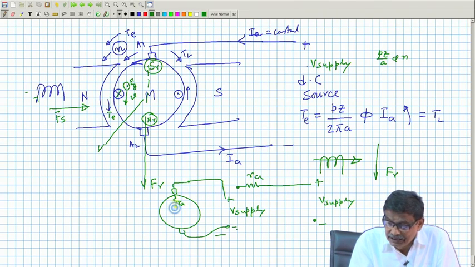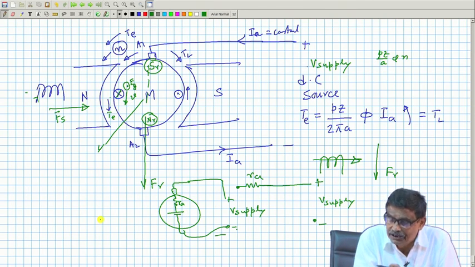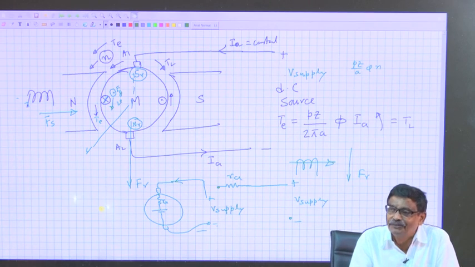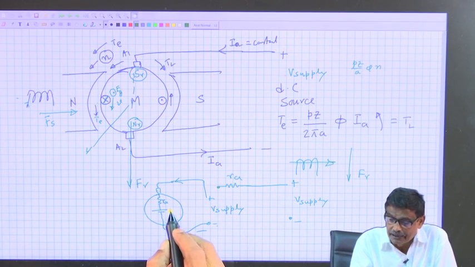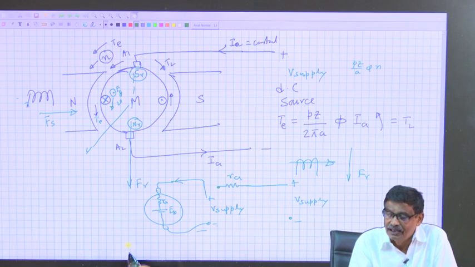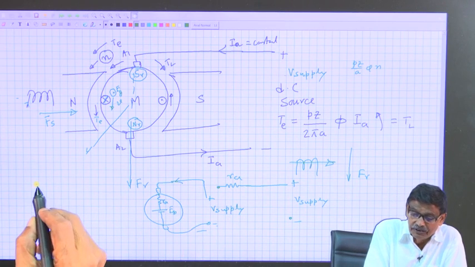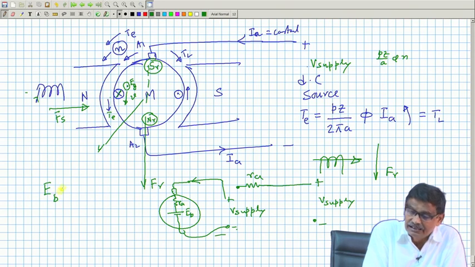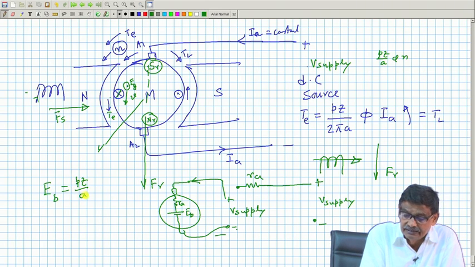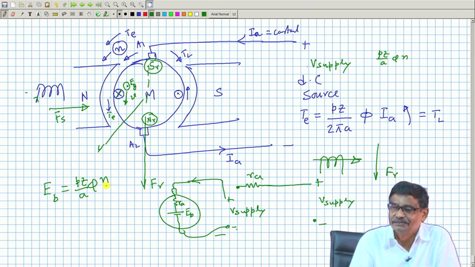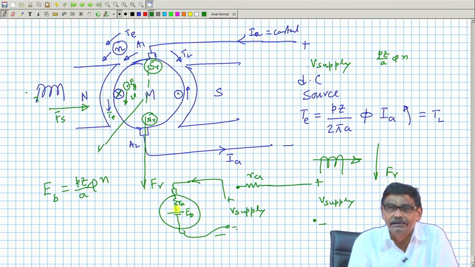And between these 2 points across the armature, there is an EMF which is in opposition to the current flow, and that EMF is back EMF EB, which is nothing but generated voltage, P z by A into phi into N. So, this is the equivalent circuit of the armature in motor mode.